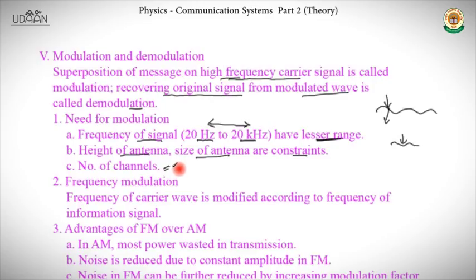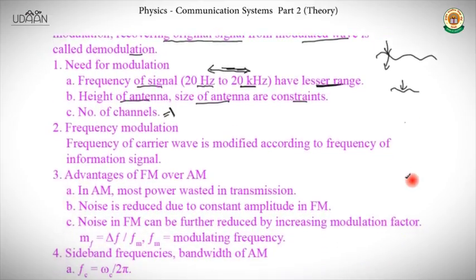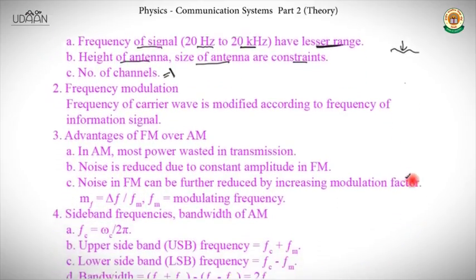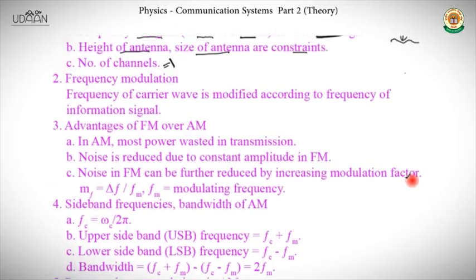To increase the number of channels we need modulation, because without modulation in this frequency range it is just not possible. When you modulate, you can vary certain parameters slightly, and that can create different channels for you. And if it is in the order of megahertz, then there's a lot of space in the frequency range, so the number of channels can be increased.